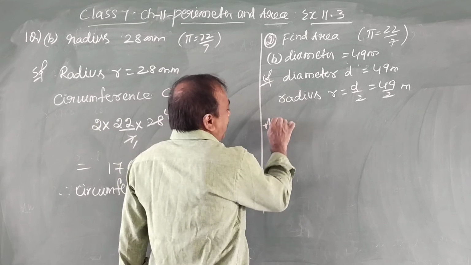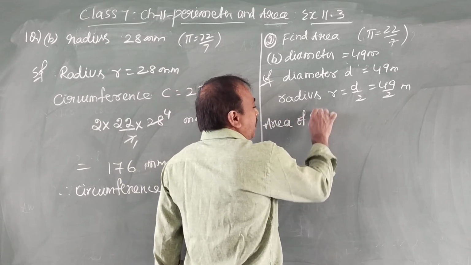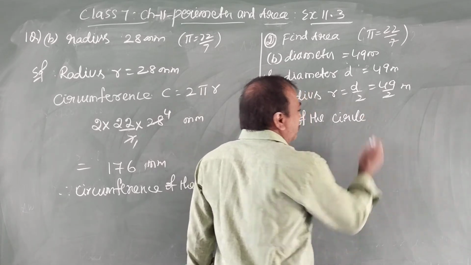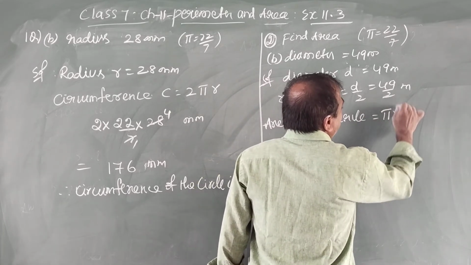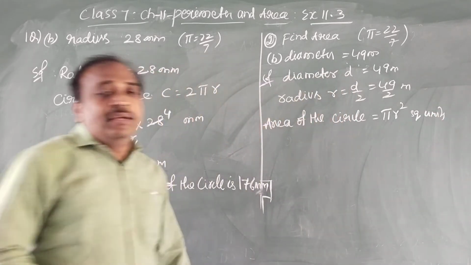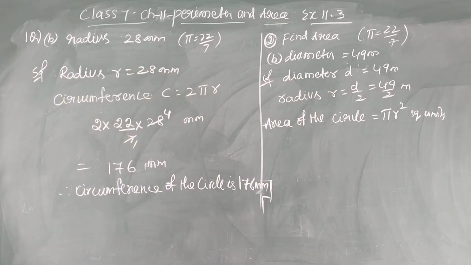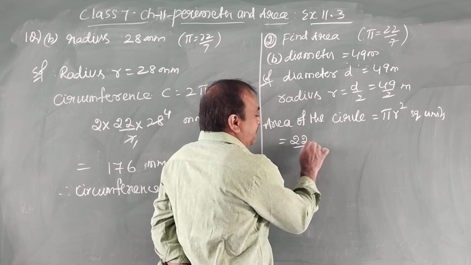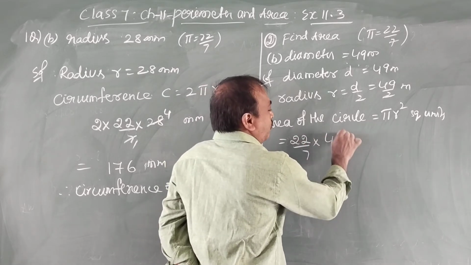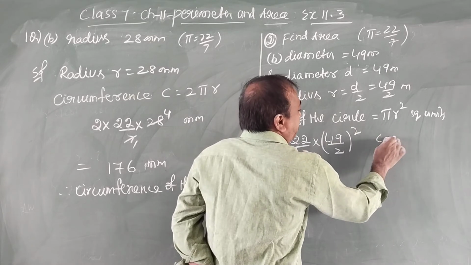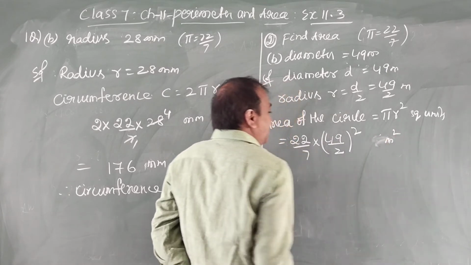Area of the circle is pi r square units. So pi, 22 by 7, into radius 49 by 2 whole square, in meter square because the units are given as meters.